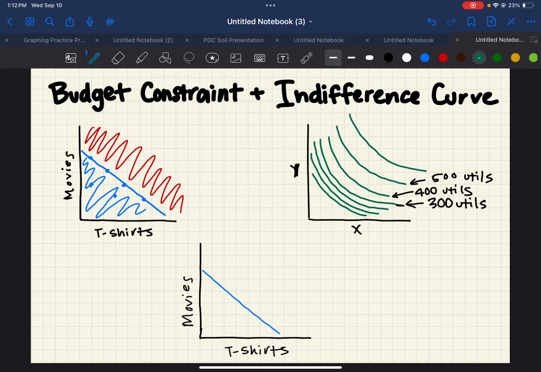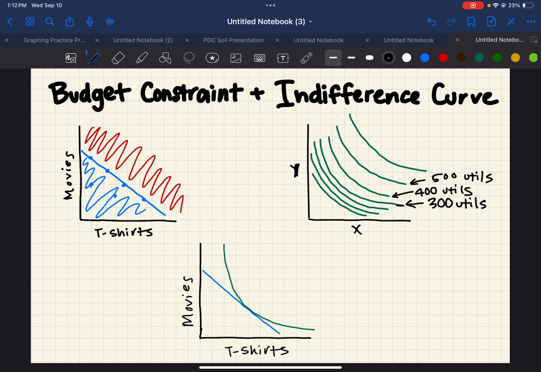So knowing that you could draw an indifference curve anywhere on this graph, you would want to find the indifference curve that runs tangent to, remember that word tangent from our graphing lecture? It just touches, it doesn't cross.